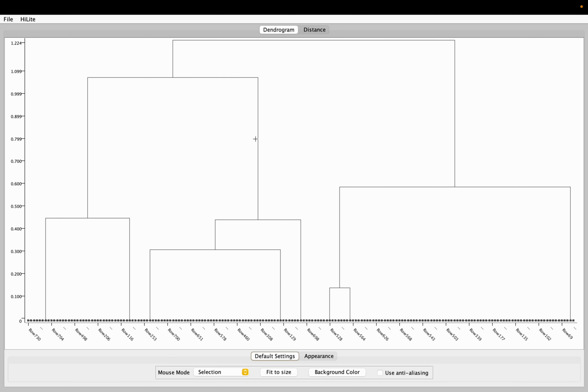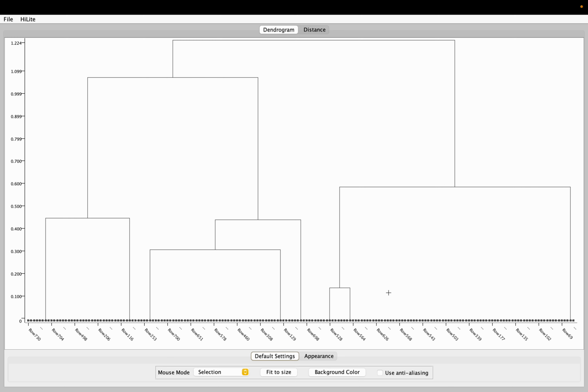So what are the key observations? Some records, say for example row 564 or 568, are merged at a very low distance, suggesting that there's a very high similarity between those employees either based on the age or transportation expenses.